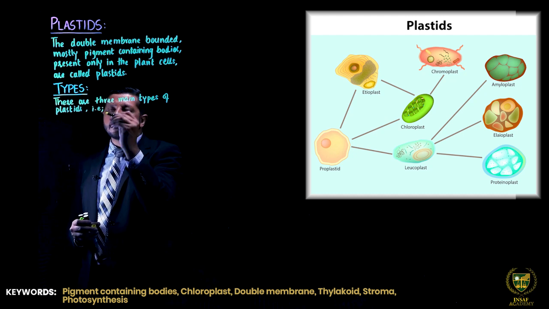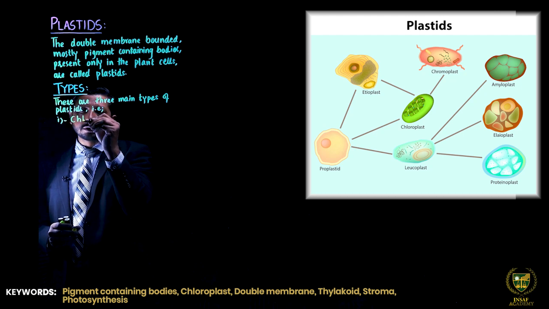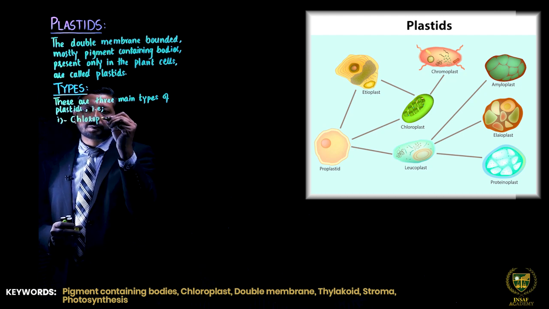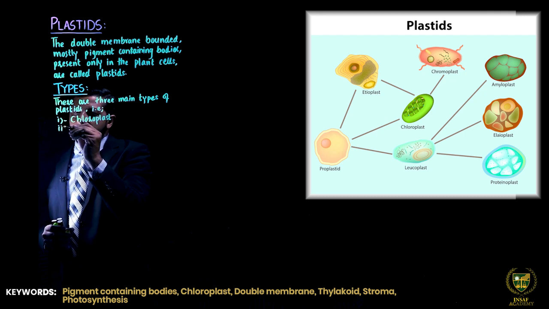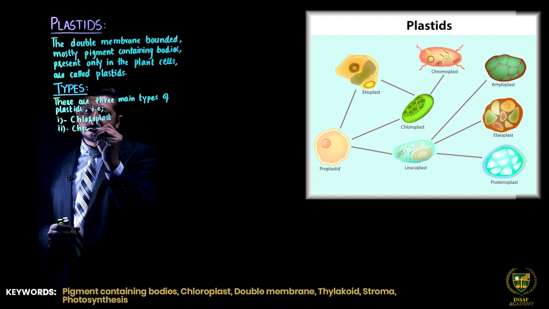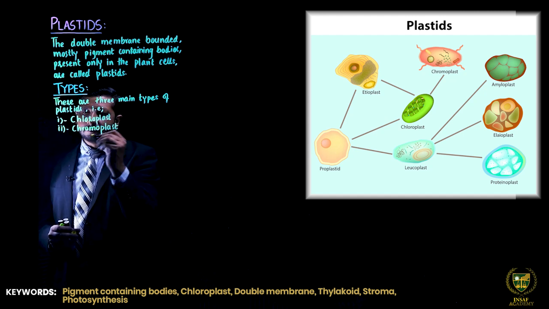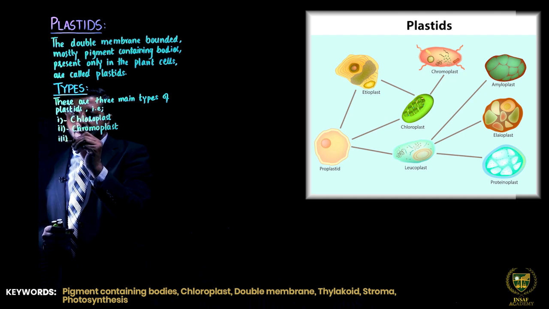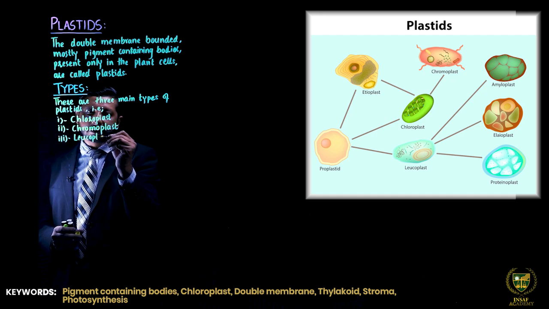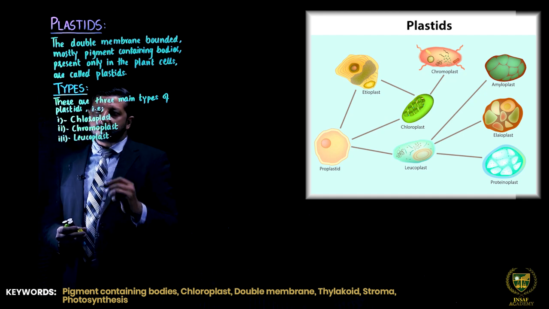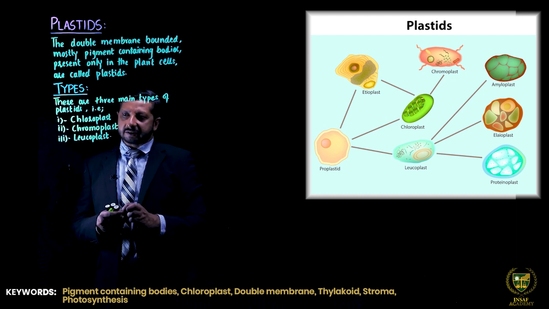That is, number 1, chloroplast. Number 2, chromoplast. Number 3, leucoplast. So these are the three main types of plastids.